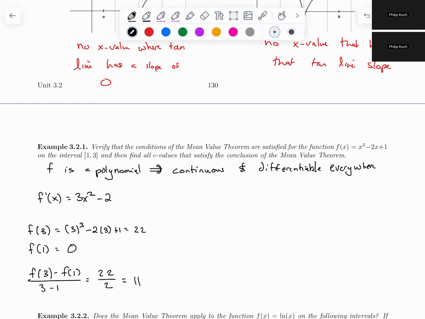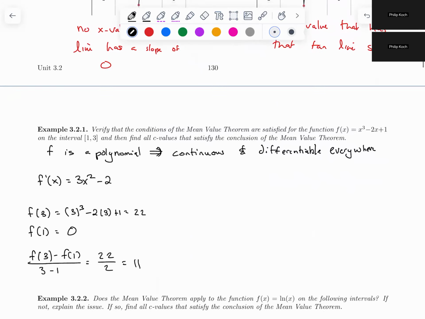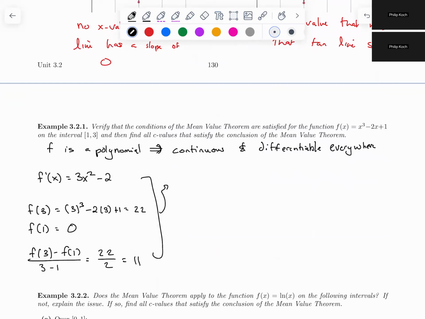The mean value theorem says that there is a point c such that f prime of c is equal to f of b minus f of a over b minus a. So in this case, I found the derivative because I'm going to need that. And then I found f of b minus f of a over b minus a in that second portion. So by the MVT, f prime of c is equal to f of 3 minus f of 1 over 3 minus 1 for some c value.